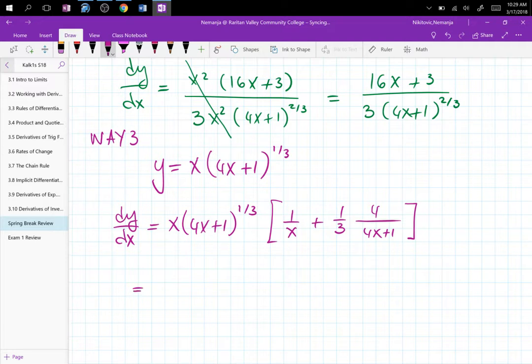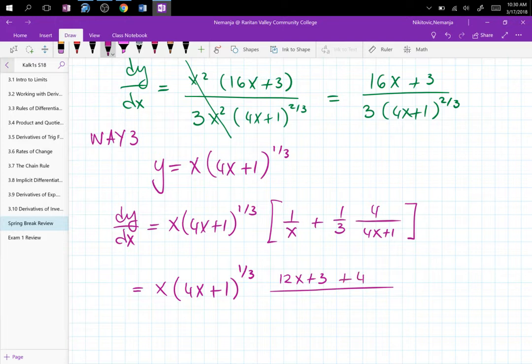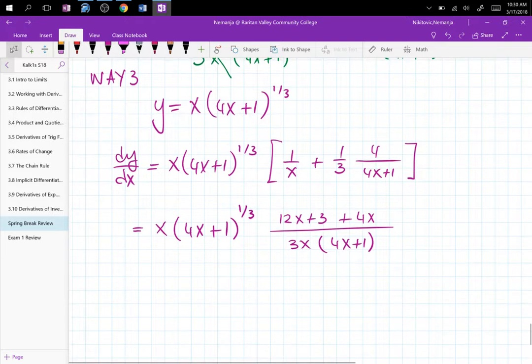So this is equal to x times 4x plus 1 to the 1/3, and then here to get common denominator we need to multiply the left. This over here is 12x plus 3, so it's 12x plus 3, and then need to cross multiply the other side, which is plus 4x divided by the 3x times 4x plus 1, right? That's the stuff together.